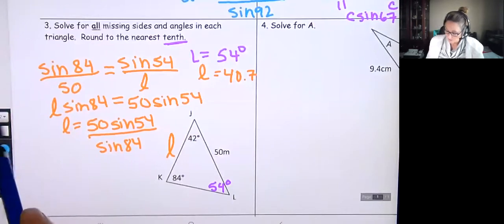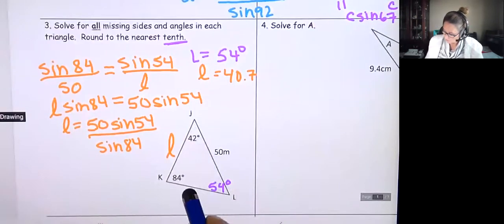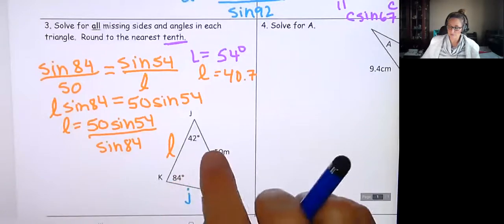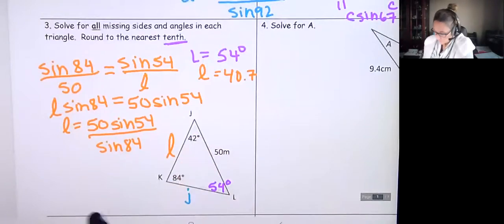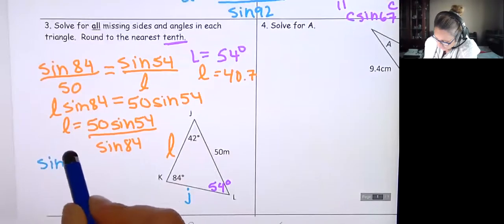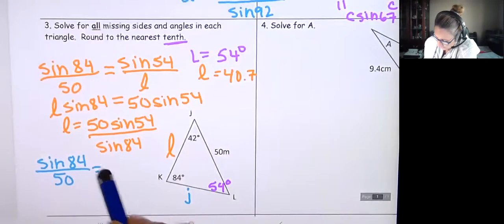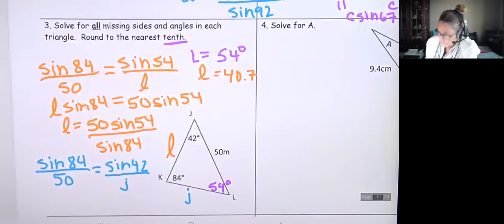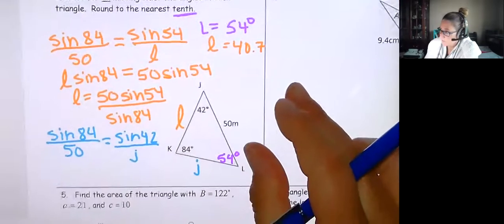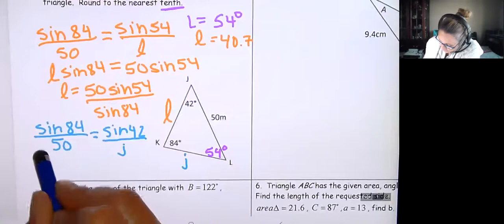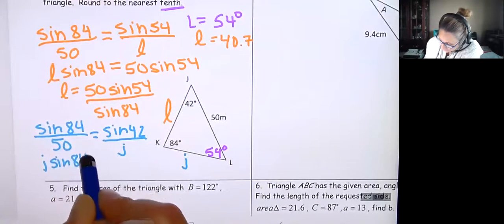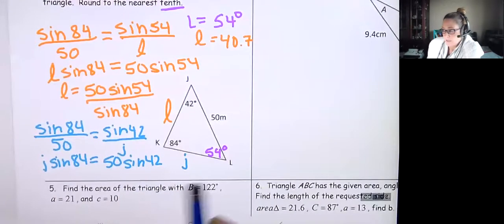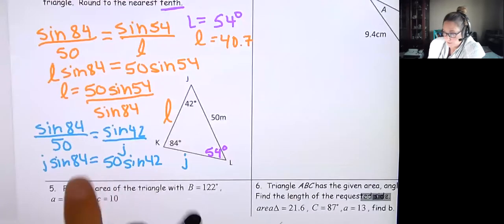Now I'm going to find my last one. So this is big J, so this is going to be little j that I'm going to find. So again, I'm going to use the 84 and the 50, and then the 42 at the J. So I'm going to do sine of 84 over 50 equals sine of 42 over J. Cross multiply. So I'm going to get J sine of 84 equals 50 sine of 42. I'm going to divide both sides by sine of 84.